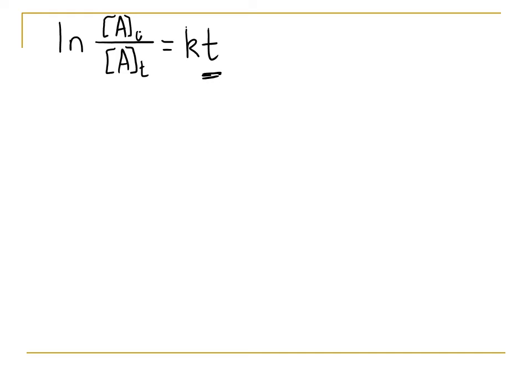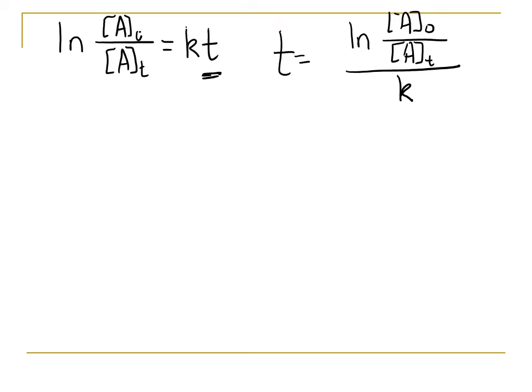I found it's easiest for me if I go ahead and rearrange the equation and then come back and actually plug in my numbers. So that t is going to be the natural log of A naught over A final, or A after time, divided by k.